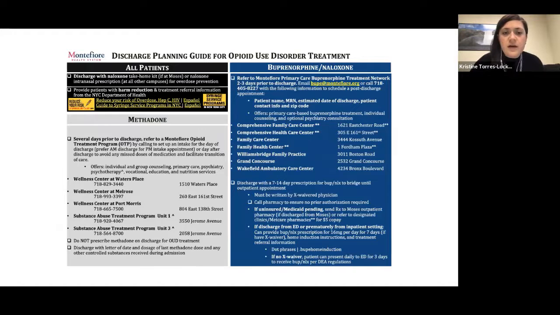So the guideline also has this 1-page discharge planner for what to do. The nice thing with buprenorphine is you just have to email bupe@montefiore.org, and that gets connected to a nurse manager who will essentially set the patient up with a primary care visit with a provider who has an X waiver at any of these 7 primary care sites at Montefiore.